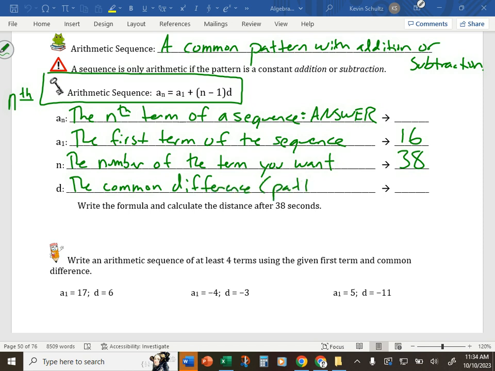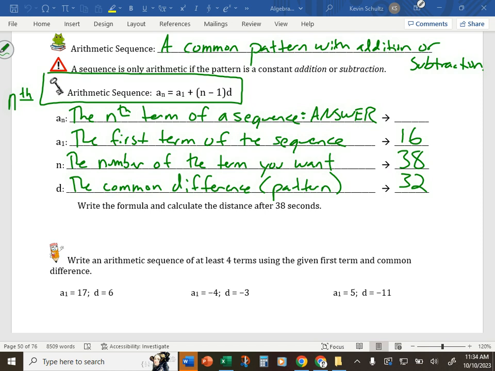Also, consider it the pattern. In our example, what was the common difference? What was the pattern? What were we doing to get from term to term? 32. Adding 32.